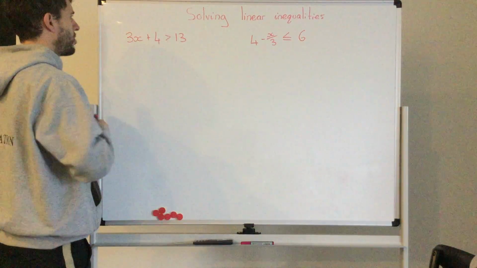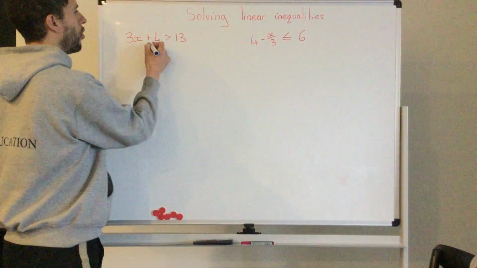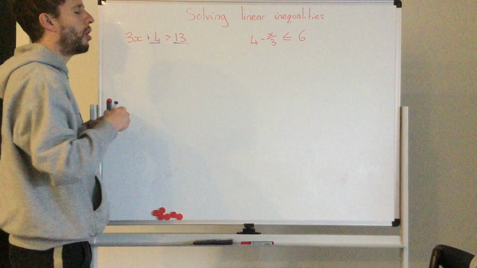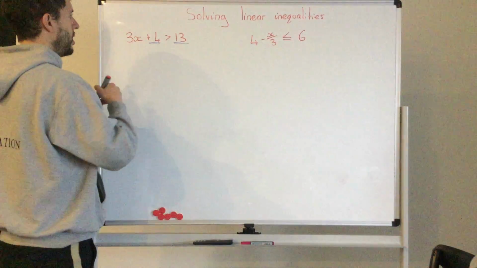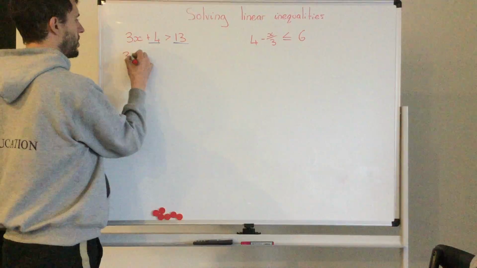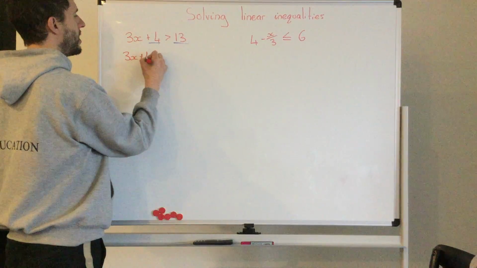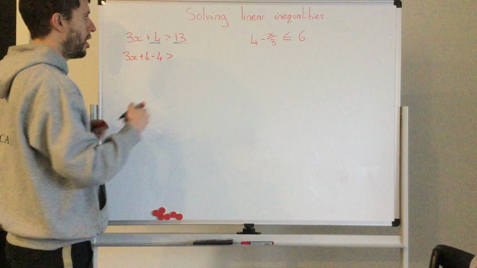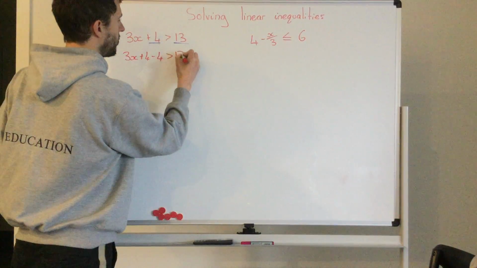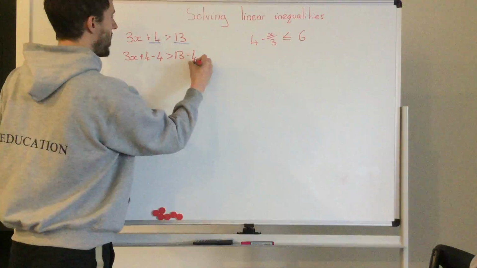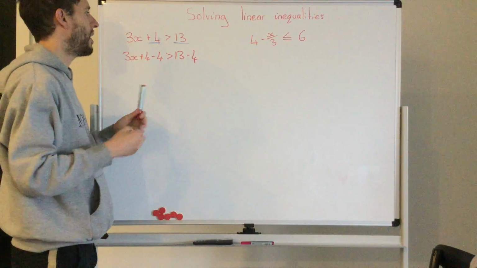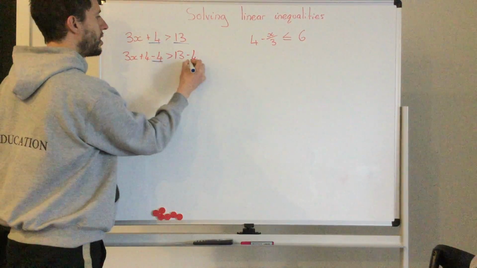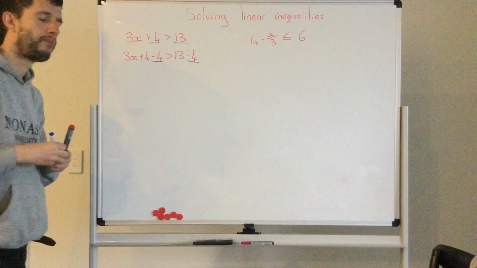So I would like to get 4 and 13 on the same side. To do that, I need to take 4 away from my left-hand side, which means I take 4 from my right-hand side. So I've done exactly the same on both sides.